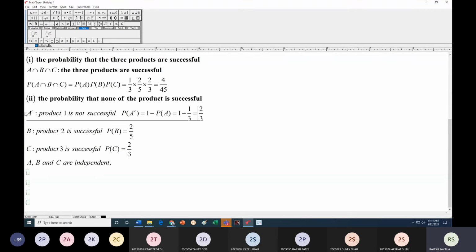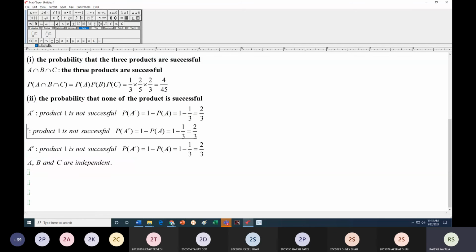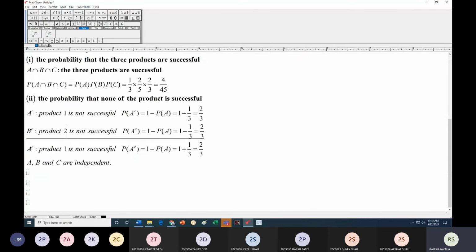Next, B complement. B complement says product 2 is not successful, so its probability is 1 minus P of B. That is 1 minus 2 by 5, which is 3 by 5. Is it okay?